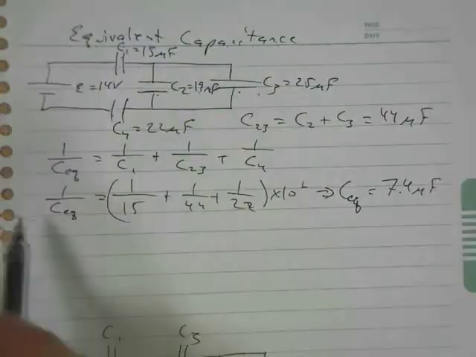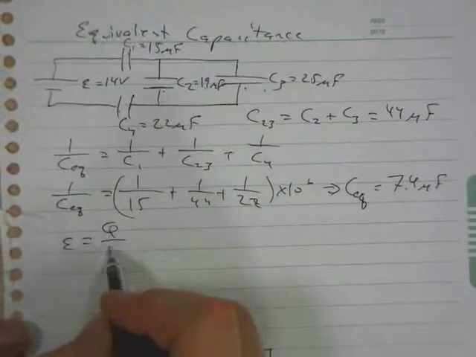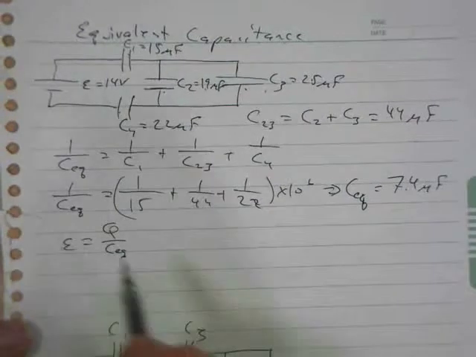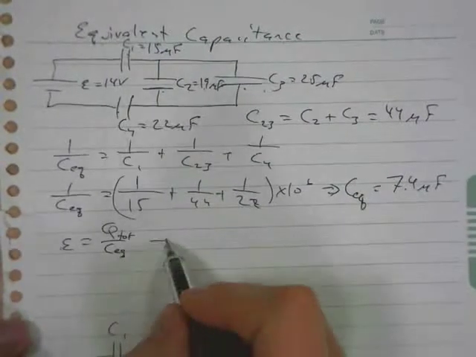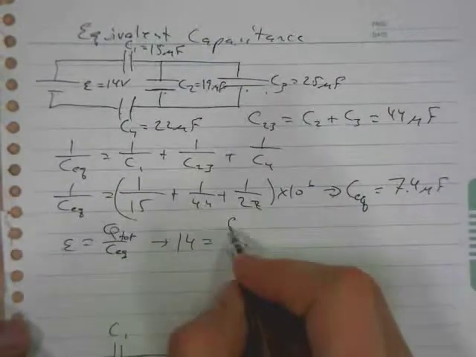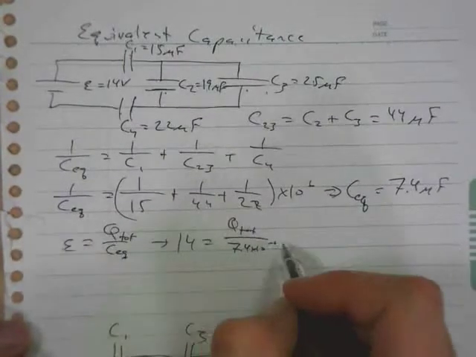And then we could figure out the total charge. The EMF is equal to the total charge over the equivalent capacitance. So then we have 14 equals that total charge over 7.4 times 10 to the minus 6.